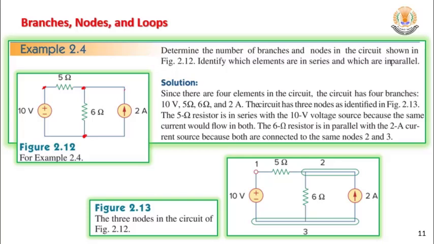The same here can be drawn like that. Another node. So they have 2 common nodes and the voltage will be the same. Okay? So here, we agreed that the 10 volt source and the 5 ohms are connected in series, because the current is the same, while the 6 ohms and the 2 amp source are connected in parallel. The voltage will be the same. Okay?